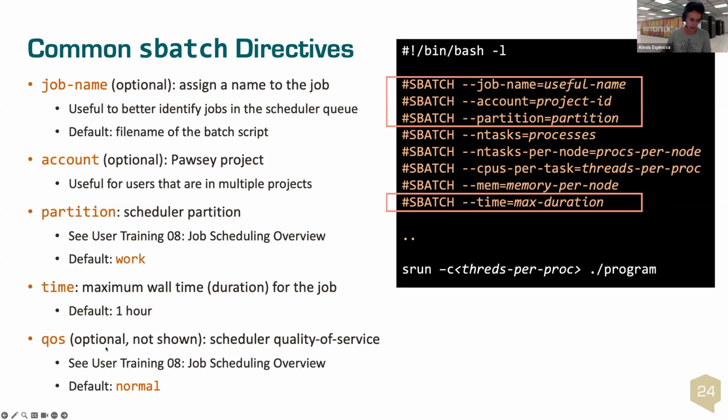If you remember yesterday, we saw that there is a normal and a high priority. You can use the high only for 10% of the allocation for your project, and whenever you use high, your job will get a higher priority and will basically go through faster than normal.